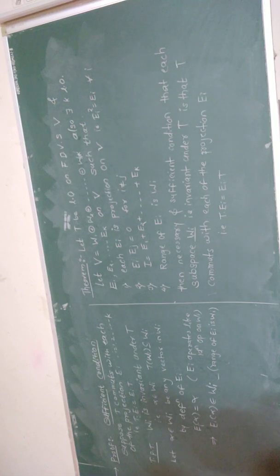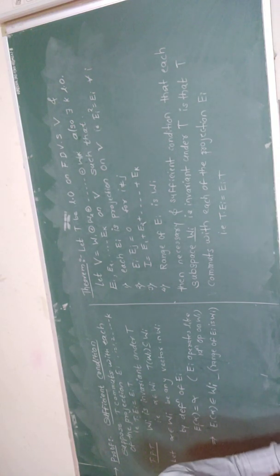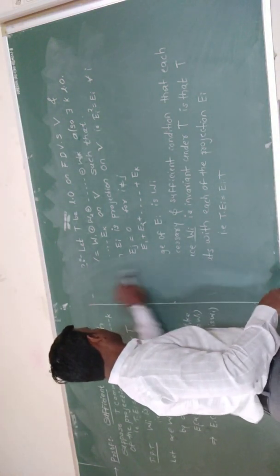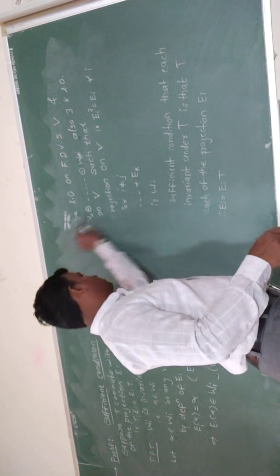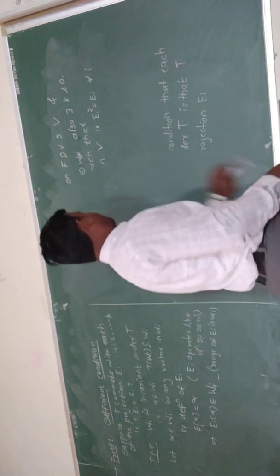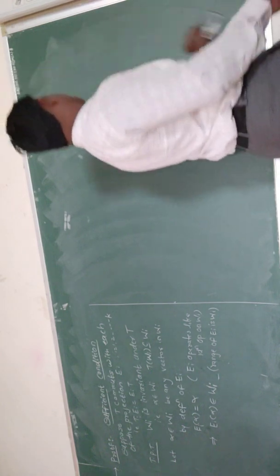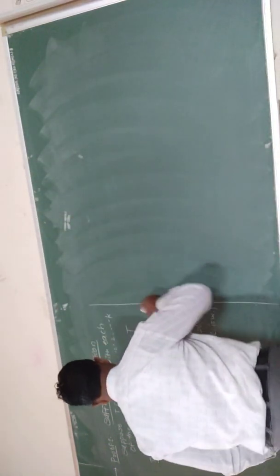Hence, you know that Ei of alpha belongs to Wi.